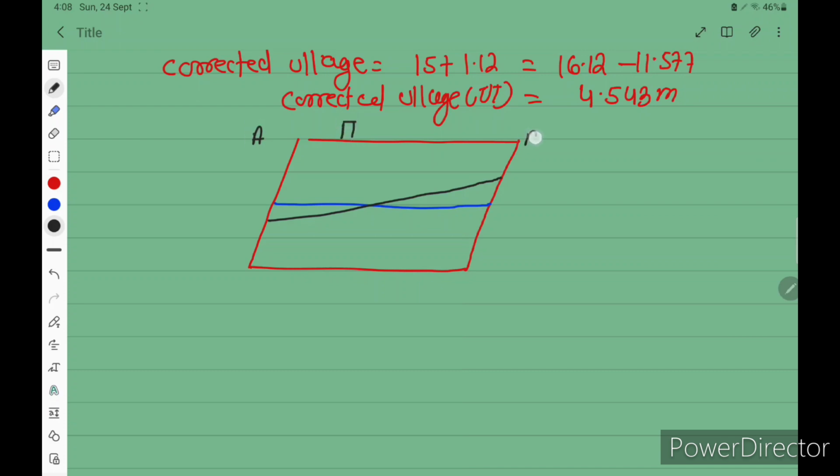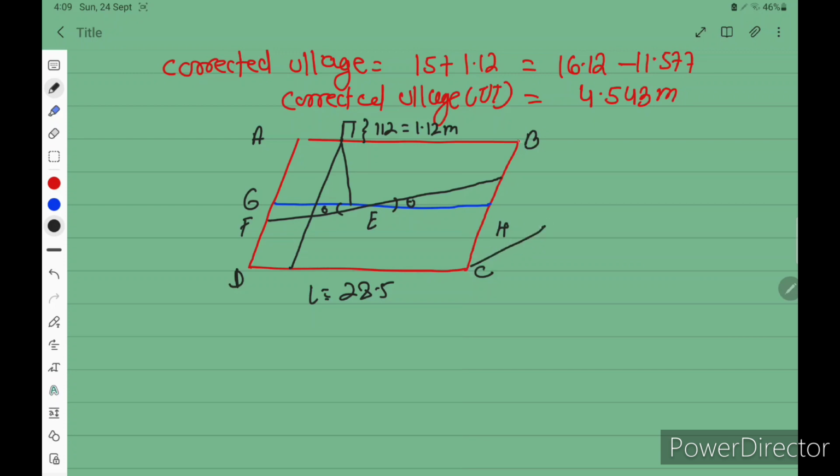So this is A, B, C, D, the tank. This is E, F, G, H. This is list. This is 112 equal to 1.12 meters. This is length 28.5.